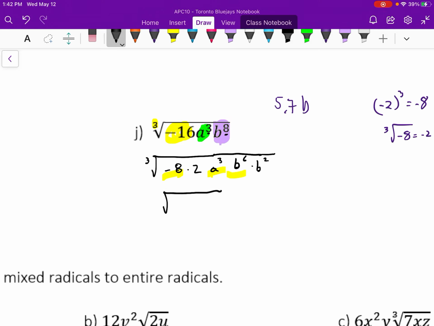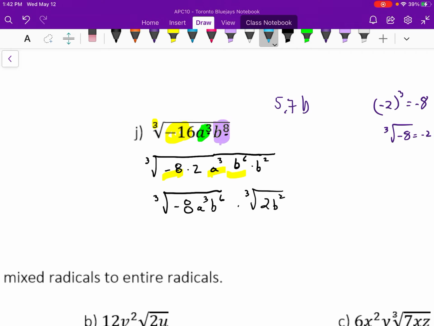So I'm going to reorganize this by writing it as the cube root of negative 8, a to the power 3, b to the power 6, times the cube root of 2 times b squared. I can evaluate everything in that first radical.